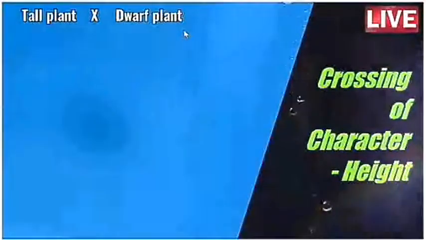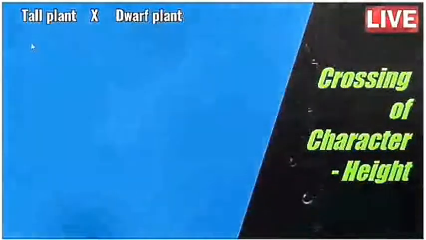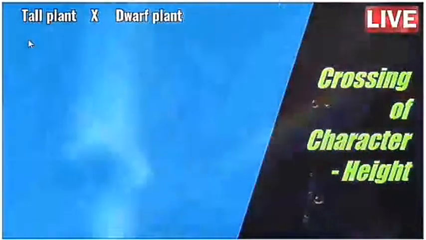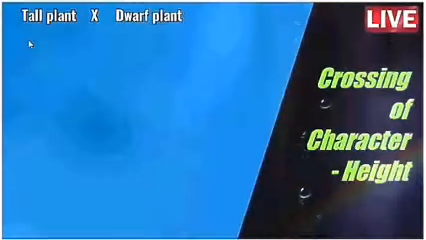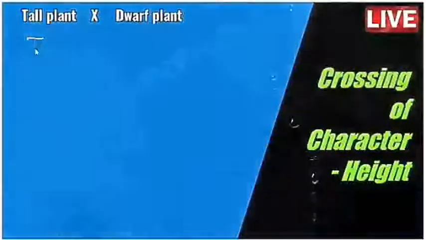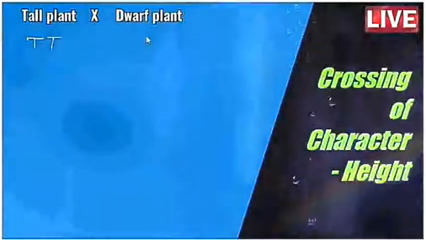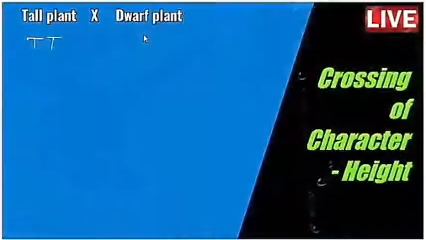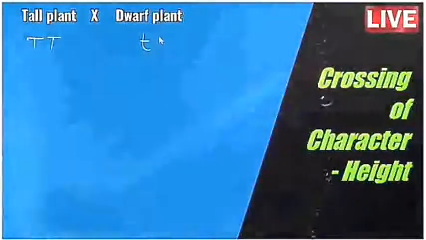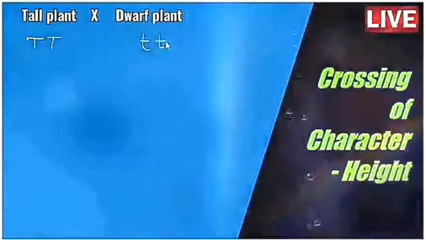So we are going to represent our height with letter T. Since tallness is dominant over dwarfness, we are going to represent the tall character with double capital letter T and the dwarf character with double small letter t.